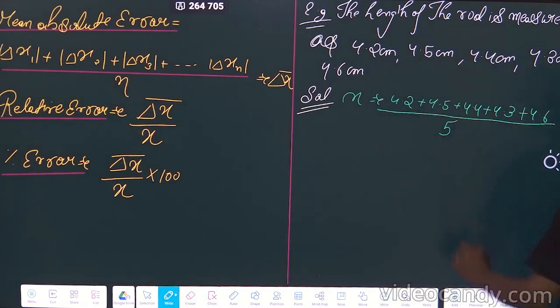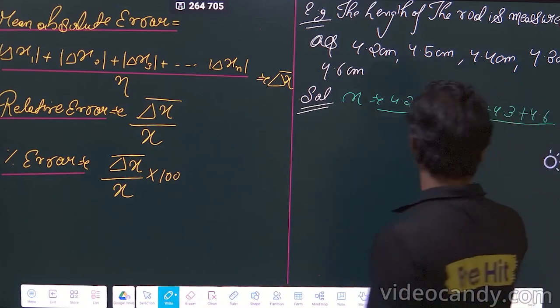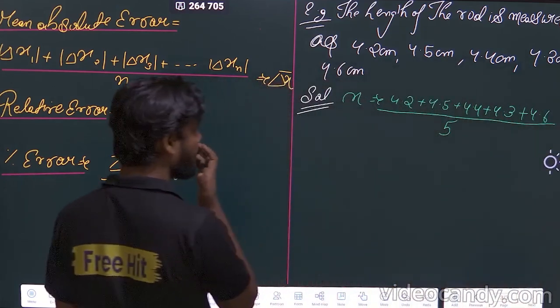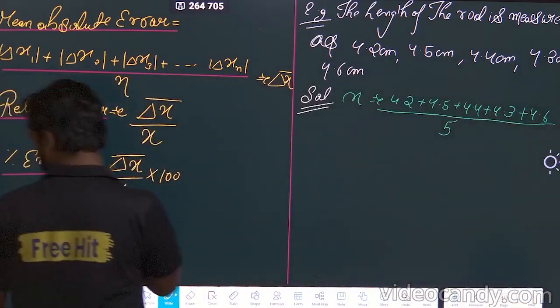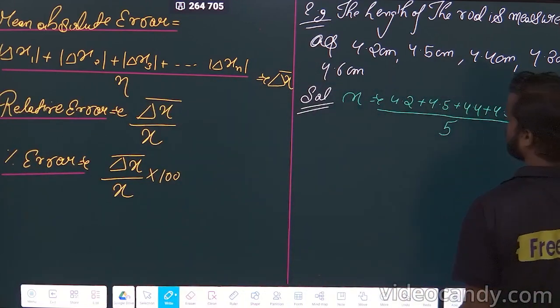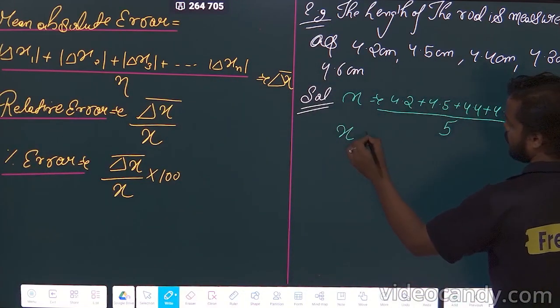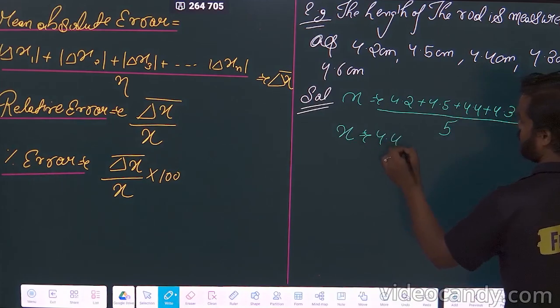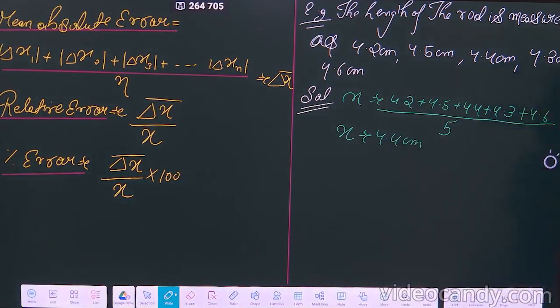So we have 5 values. So x will be 4.4 centimeter. Clear? That is my true value.